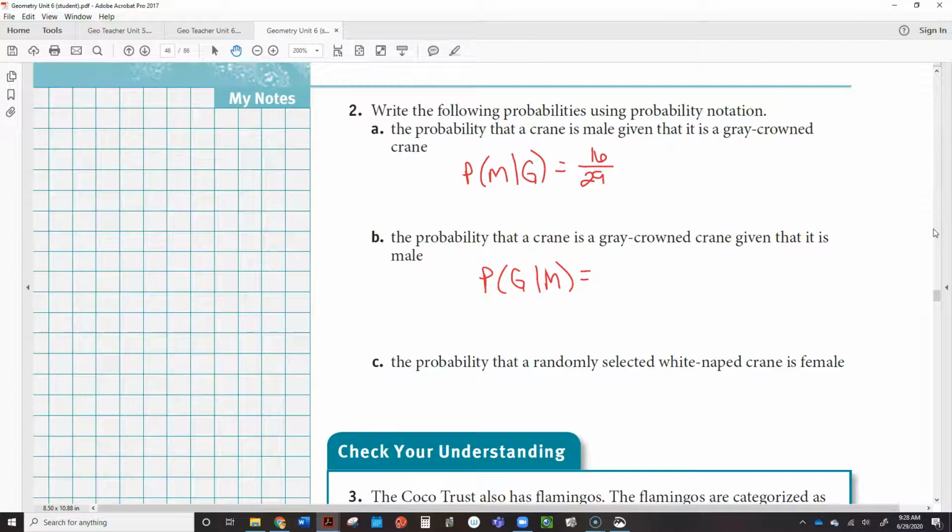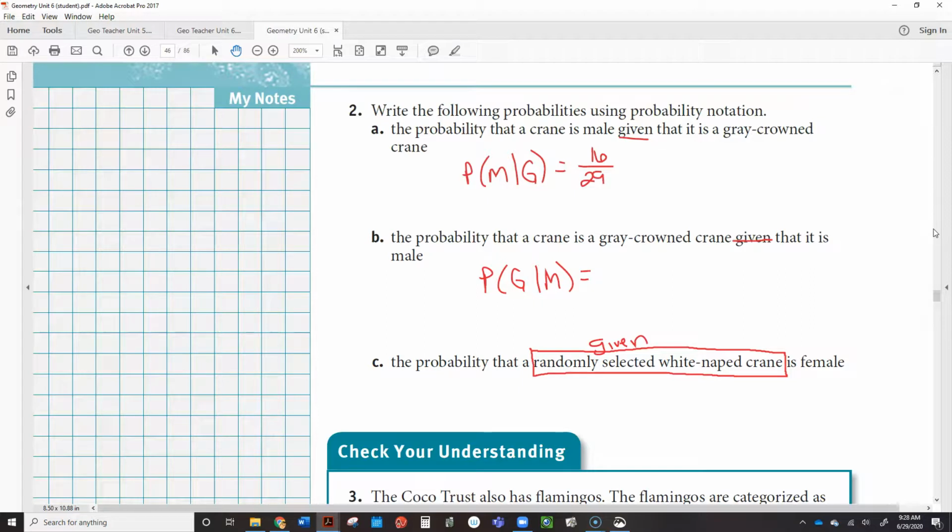Find the probability that a randomly selected white-naped crane is female. So here they've changed the words, and they didn't use the word given. That's a little bit different. So you kind of have to find where it's implied. What they're telling us here is the given.